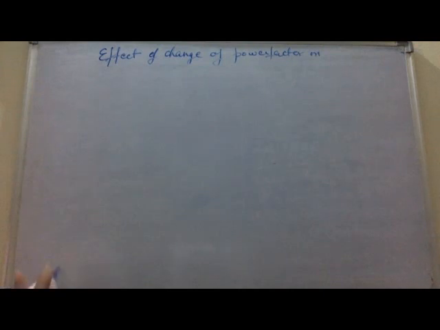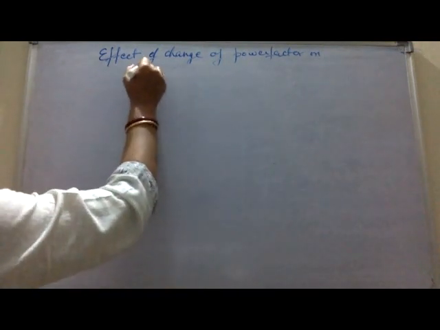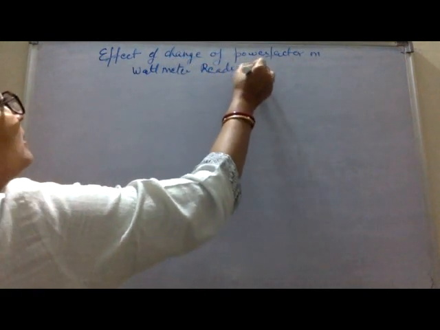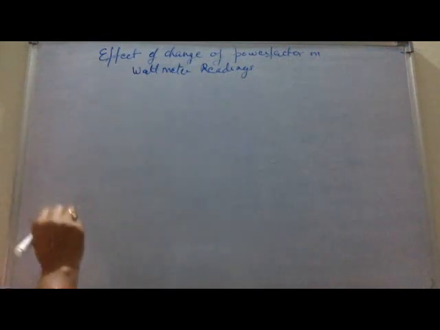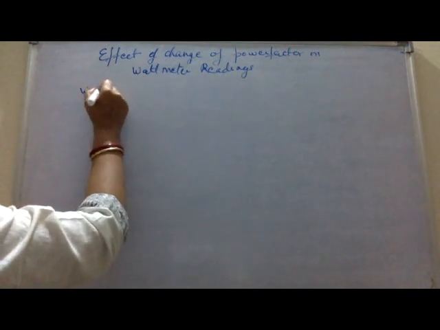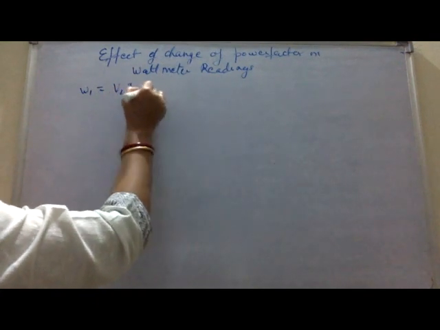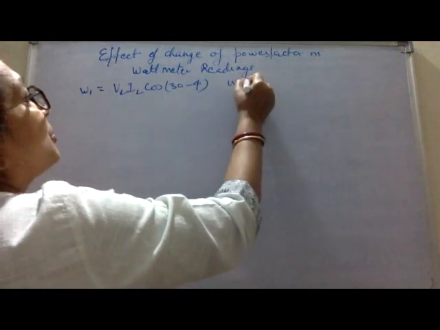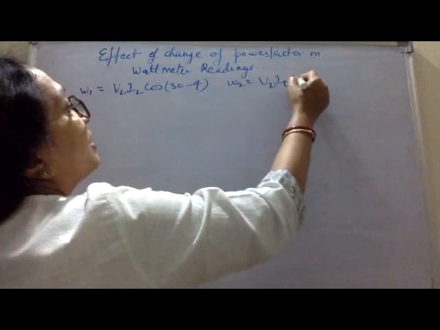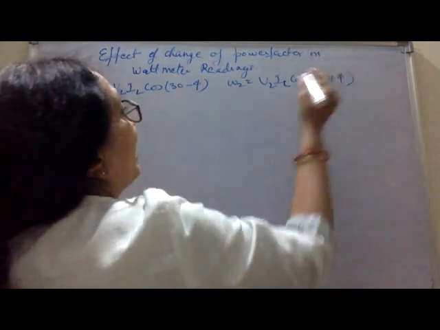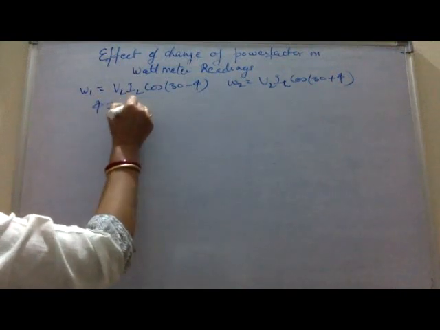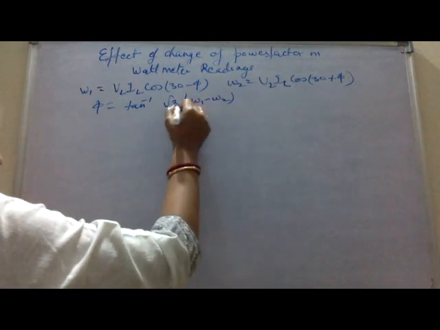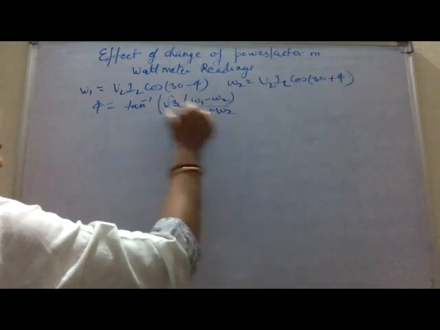Now we will see the effect of change of power factor on wattmeter readings. Previously, when we did the two wattmeter method, we saw that W1 is equal to VL IL cos (30 minus phi) and W2 is equal to VL IL cos (30 plus phi), and phi is equal to tan inverse of root 3 (W1 minus W2) divided by (W1 plus W2).